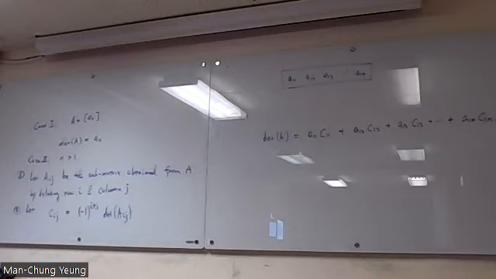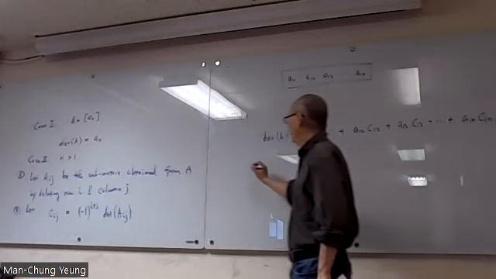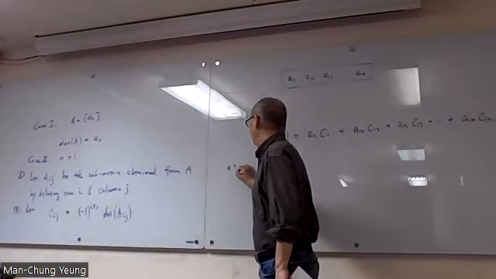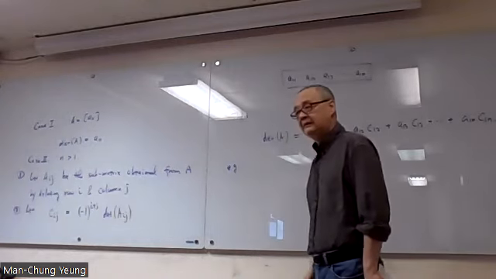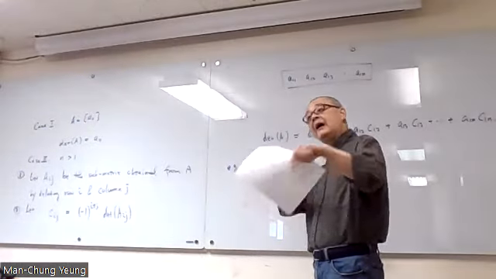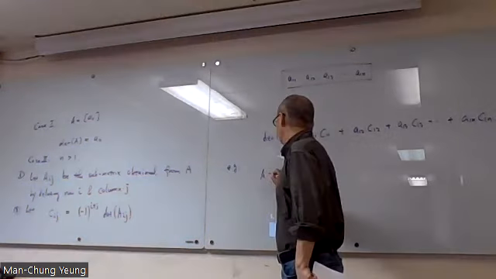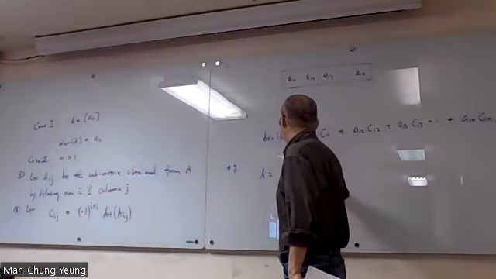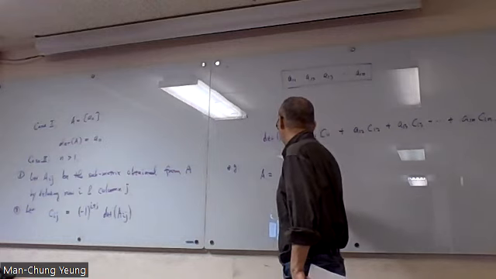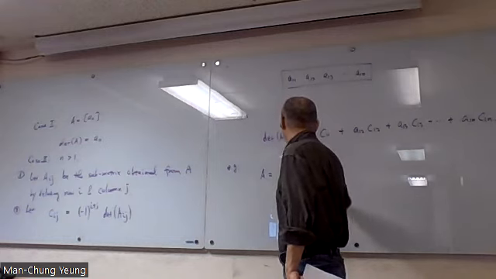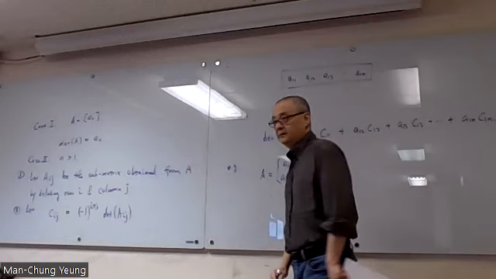Let me show you two examples about how to use this formula. For example, consider a small 2 by 2 matrix with entries A11, A12, and so on.